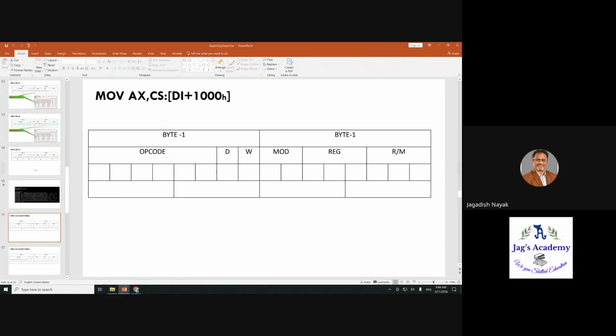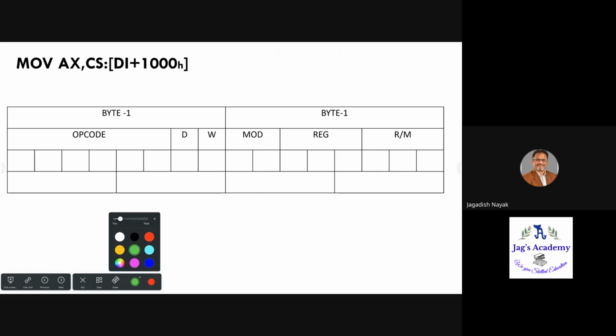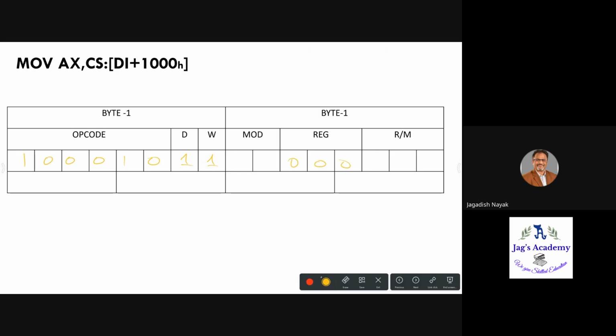The addressing mode for this is register relative addressing mode. Okay. Now once you've written your opcode, 100, the D bit is going to be 1, the W bit is going to be 1, REG is going to be 000. Now see the table.